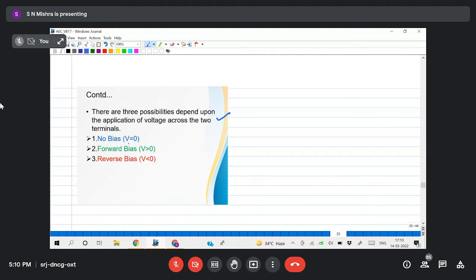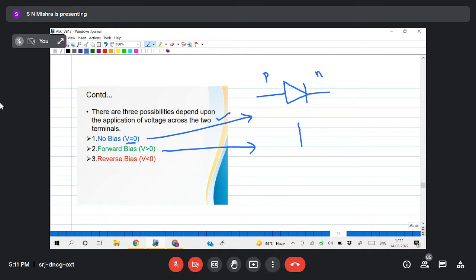First one is no bias. That means if we do not apply any voltage, that is called the no bias condition. To represent that, I can make the diode symbol, and here you see this is P and this is N type. I'm not connecting anything. That means voltage is 0. Next condition is forward bias.